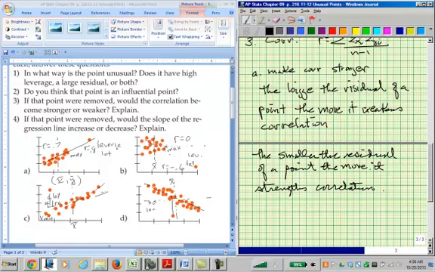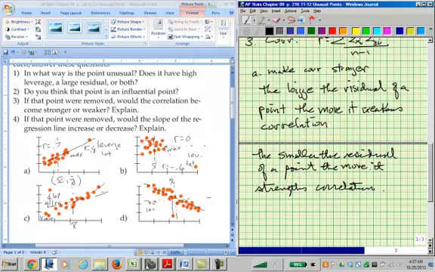C, a big residual, small amount of leverage, leaving it in weakens correlation. Leaving it out strengthens correlation. D, no leverage, very large residual, leaving it in weakens correlation. Leaving it out strengthens correlation.